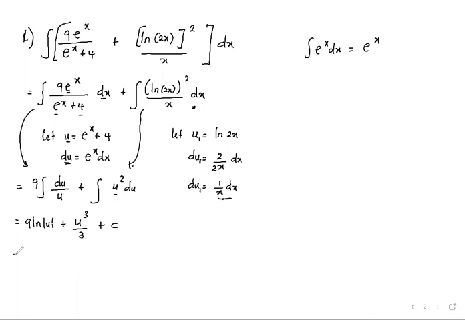So when we come here, we're going to have 9 ln. So which u is this? This one I've named u1. This u is here, e^x plus 4, plus u to the power 3. Now the u here is ln 2x. So we put ln 2x to the power 3 this time around over 3 plus c.